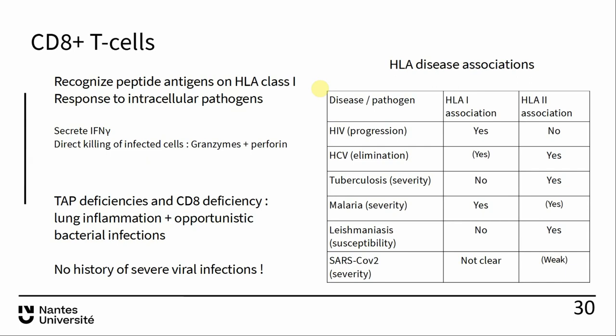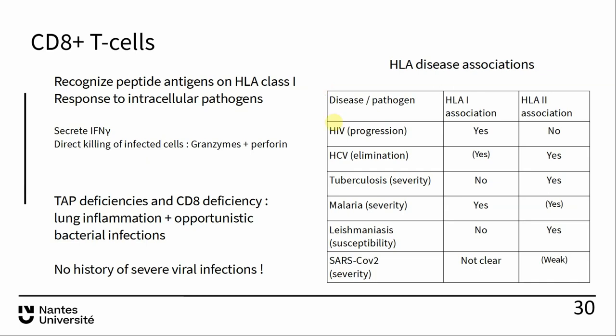So both HLA class 1 and HLA class 2 are polymorphic loci, and the particular HLA class 1 and HLA class 2 molecules that will be presenting peptide antigens on our cells are going to be different from individual to individual within a population.